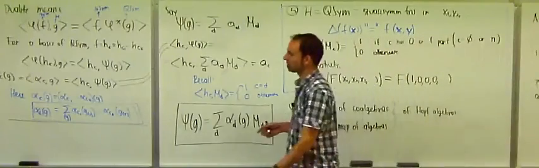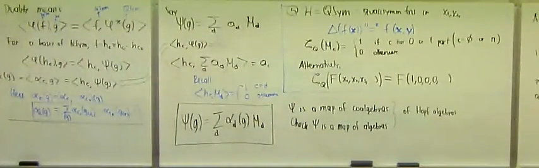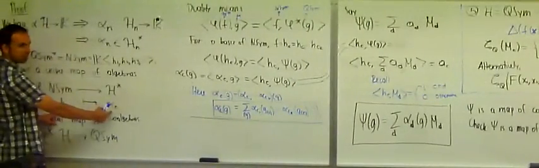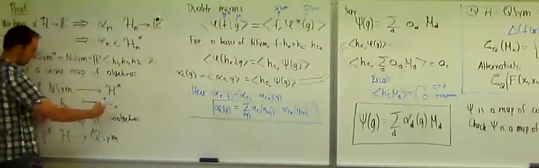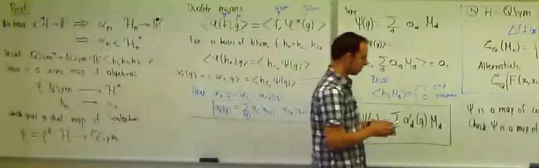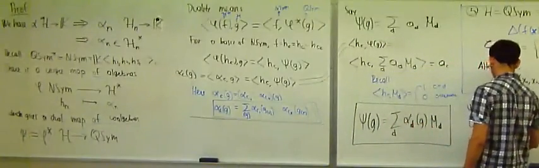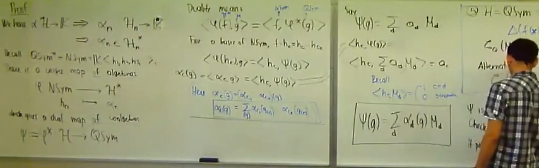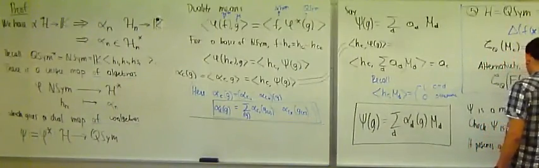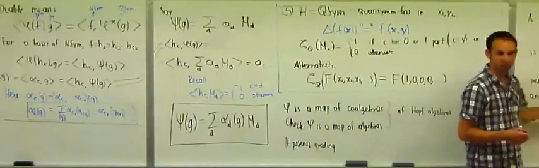Because we started with these graded things where Hn, which had degree n, was sent to alpha n, which had degree n. And so this map is graded, and therefore the dual is also graded. So it preserves grading. Okay. So it preserves the grading, and the last thing we have to check is that it preserves the character.